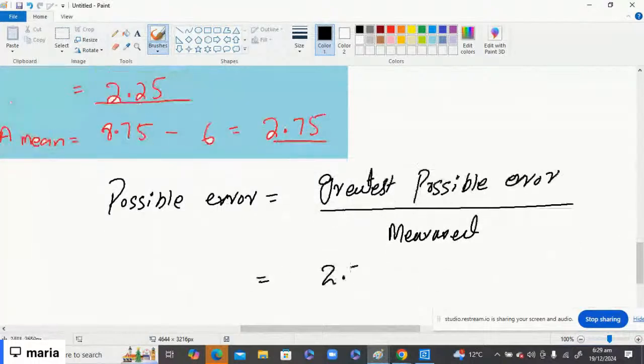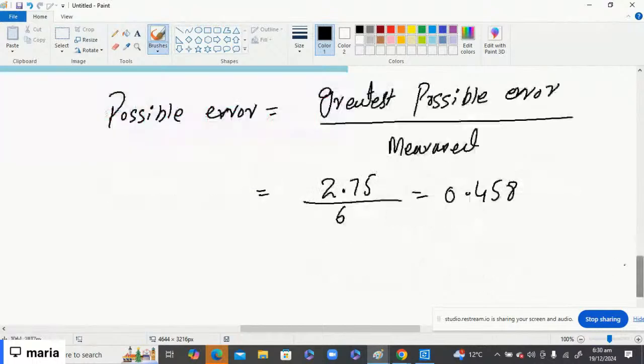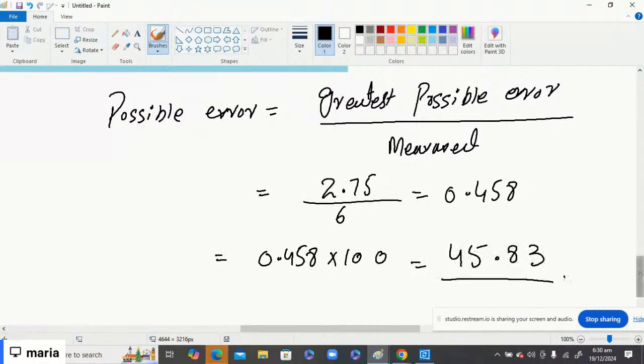That is 2.75, and measured is 6. So now here we are going to find 2.75 divided by 6. This is 0.458. Okay. Now 0.458 times 100 because we are finding the error as a percent. Greatest percent error. So you just multiply with 100 and in this way you get the answer 45.83.